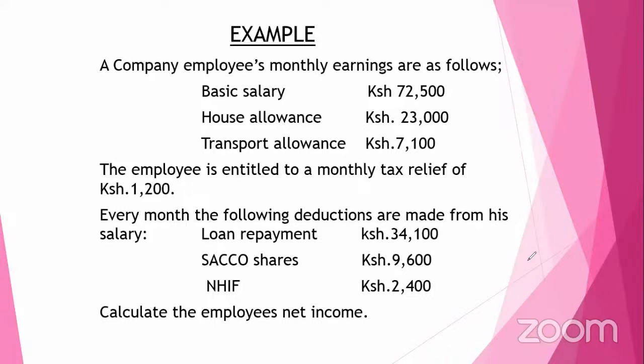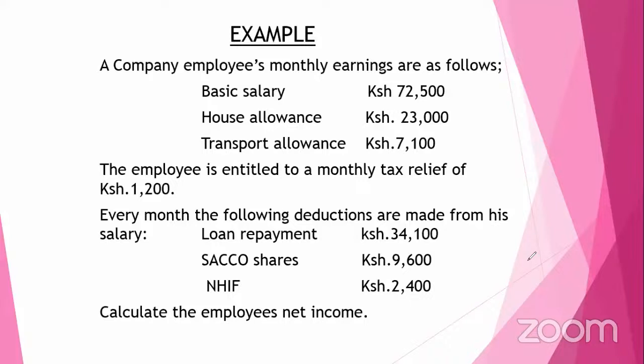A company employee has those, then he has a relief of that. Every month is entitled to the following deductions. Calculate the employee's net income. So the first thing to calculate is the taxable income.